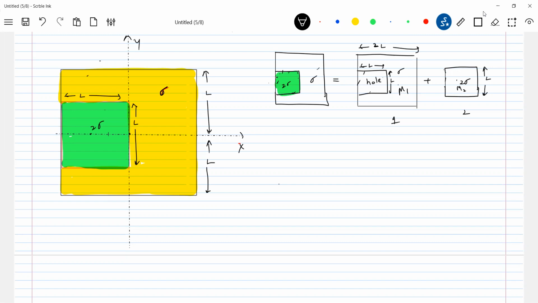That's what we are discussing. Or another method: this is also equal to a full square plate without any hole, density sigma, side length 2L, plus, now which one is easier? Check it and proceed. Both are the same, no?